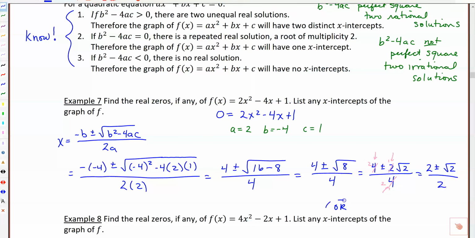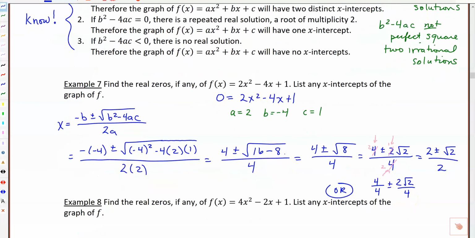Another way you can think about simplifying this is to break it into two separate fractions: 4 over 4 plus or minus 2 root 2 over 4. That would simplify to 1 plus or minus root 2 over 2.